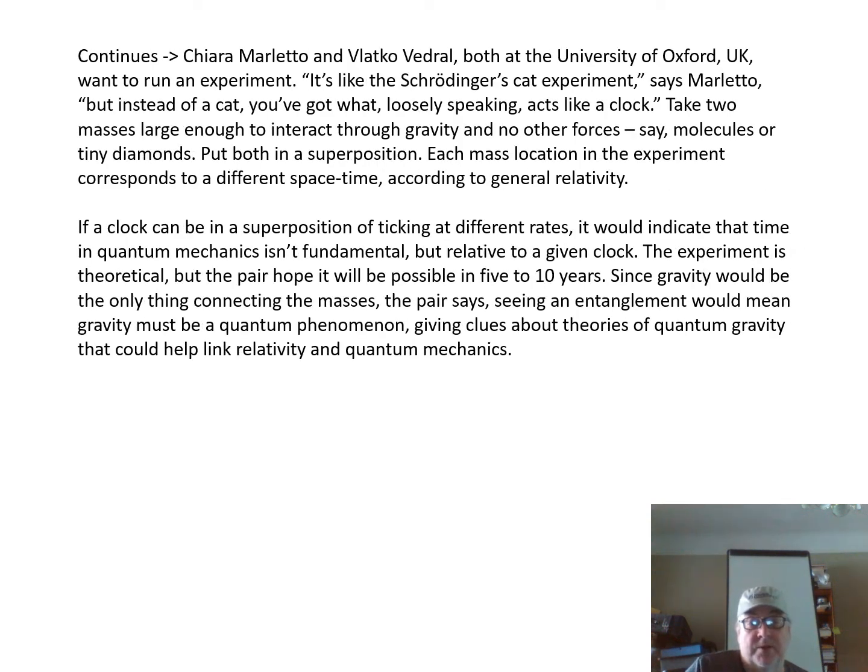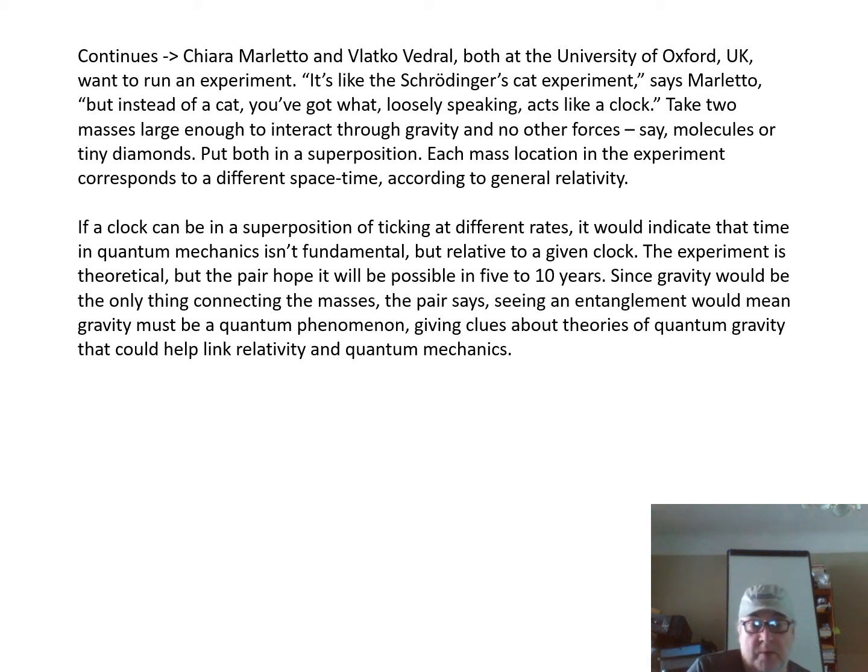The article carries on and says this. If a clock can be in a superposition of ticking at different rates, it would indicate that time in quantum mechanics isn't fundamental, but relative to a given clock. The experiment is theoretical, but the pair of scientists involved hope it would be possible in 5 to 10 years.